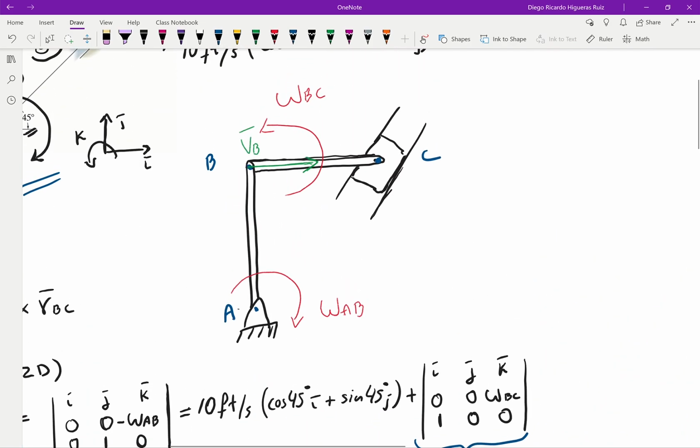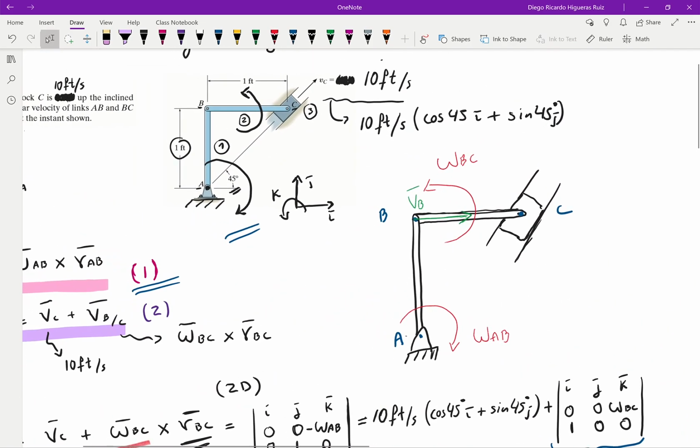That makes sense at this given instant because the velocity is positive just in the I direction, and it makes sense it's going in that direction because omega AB is clockwise.